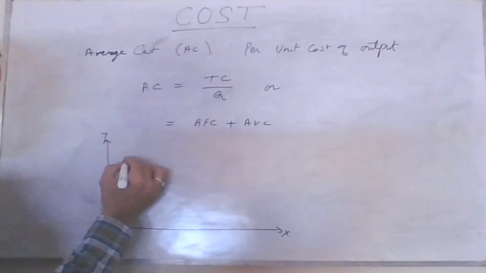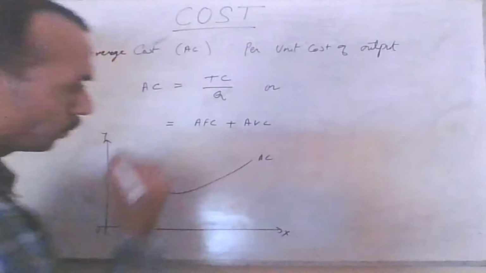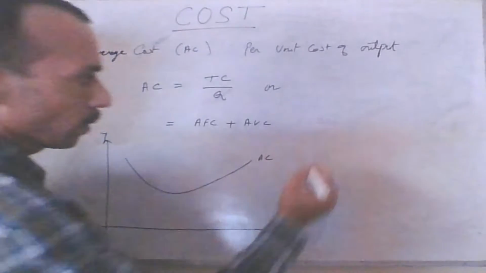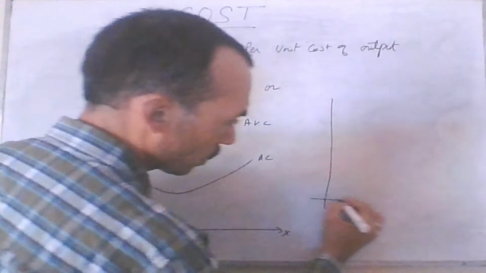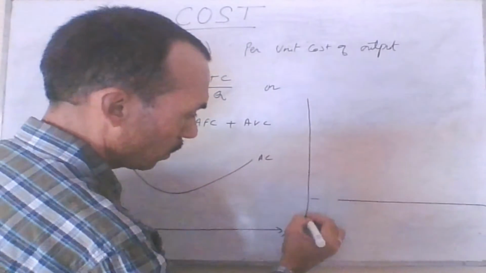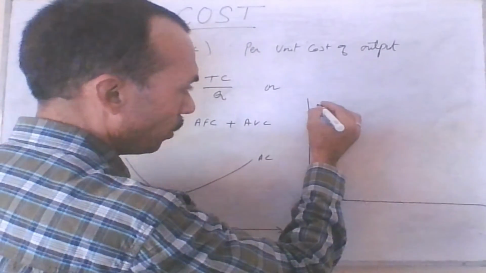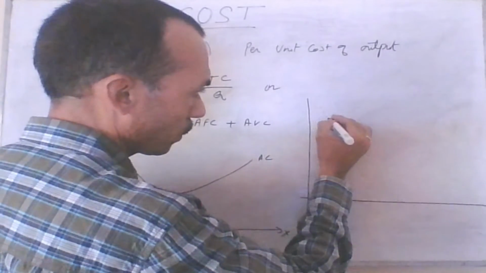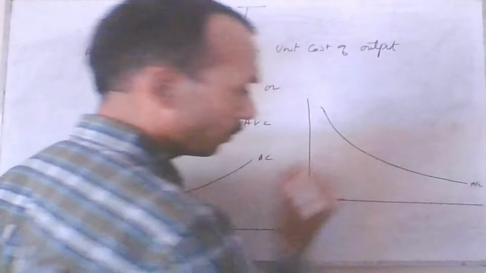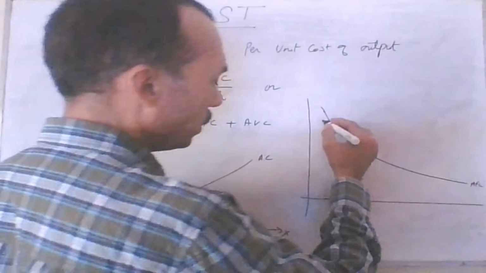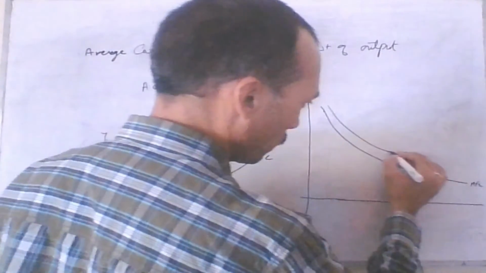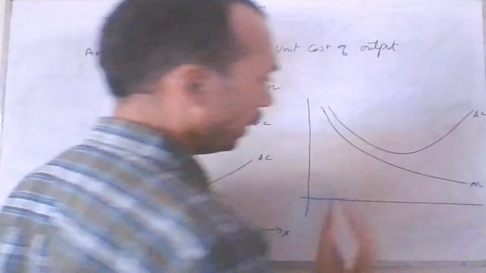Average cost is also a U-shaped curve. AC is actually the summation of AFC and AVC. How come? This is your AFC, and this is AC.